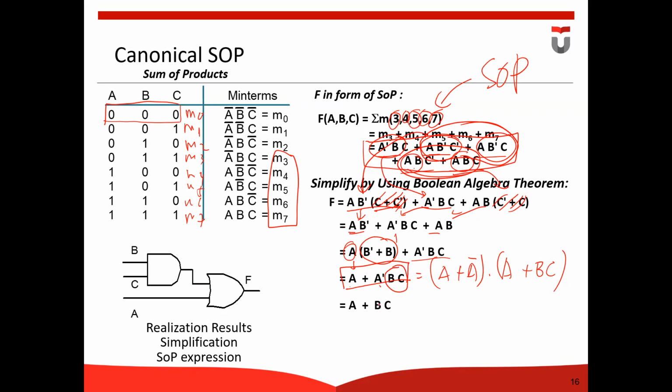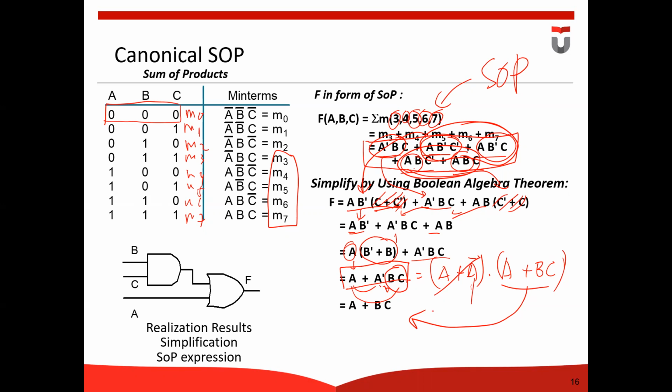So A plus A naught times A plus BC. A plus A naught is 1. 1 times anything is anything. So it will become just A plus BC. So this is the simplest function of our truth table, A plus BC.